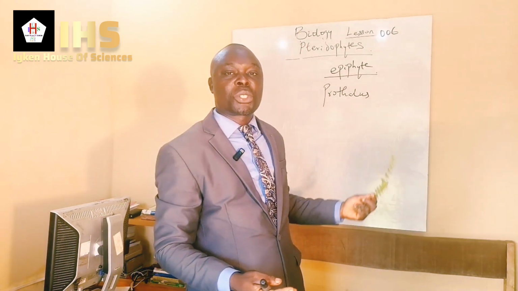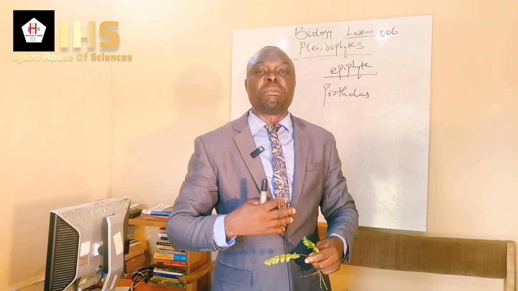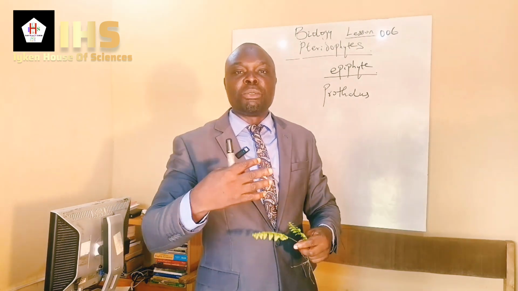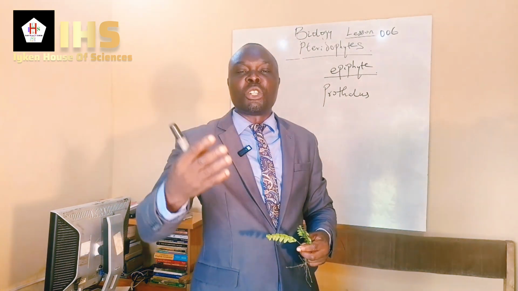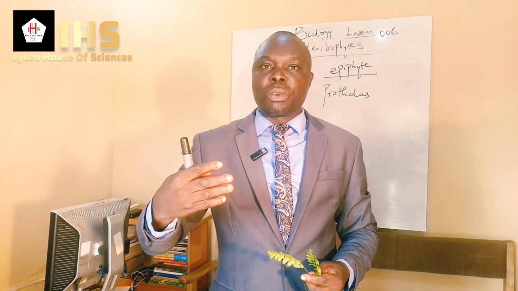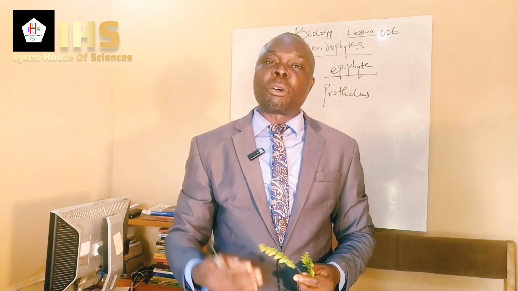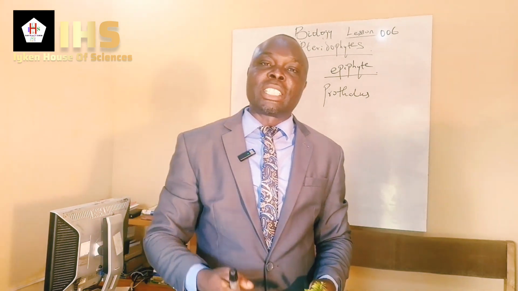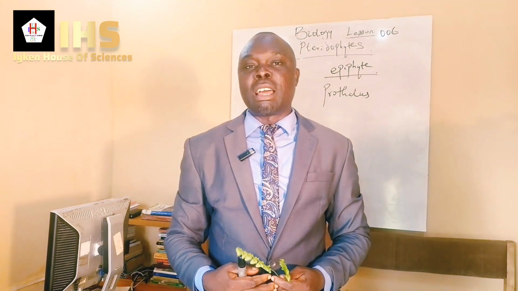So in the prothallus, the male gamete swims towards the archegonium in order to fuse with it to produce the zygote, which germinates into a sporophyte. The sporophyte produced here is independent of the gametophyte. It absorbs its own nutrients and lives its own life independently from the gametophyte.